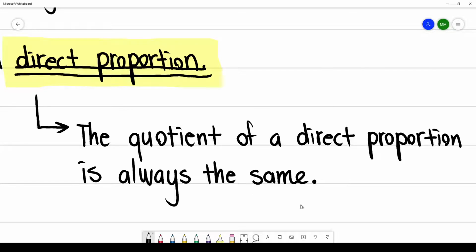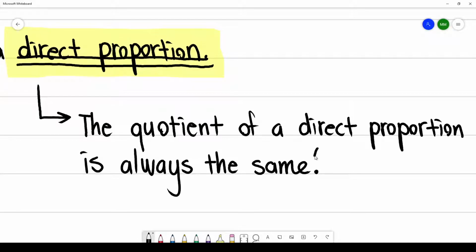What does this mean? In math, when something is the same, we call it a constant.